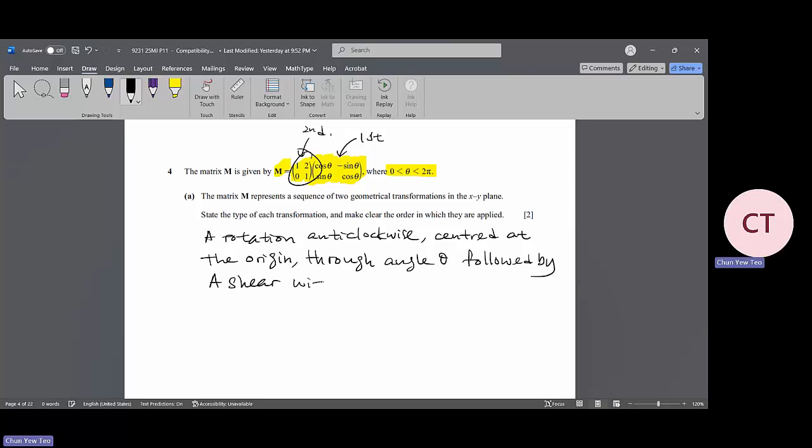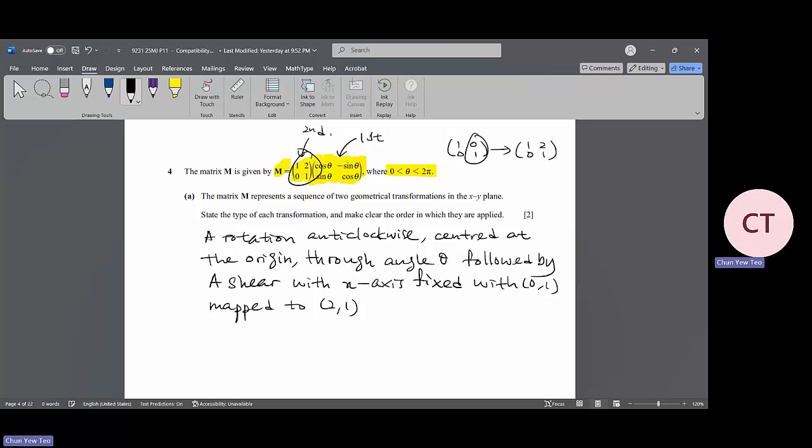with the point (0, 1) mapped to (2, 1). It means originally your unit square is this, then it has converted into (1, 0), (2, 1).